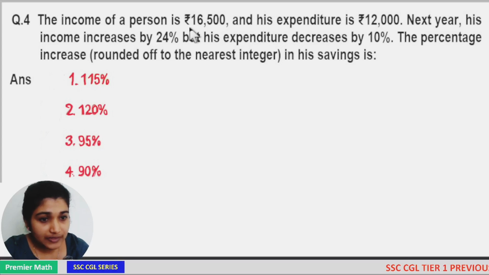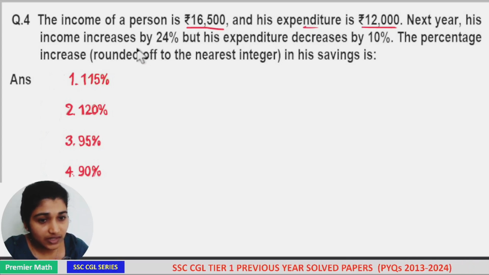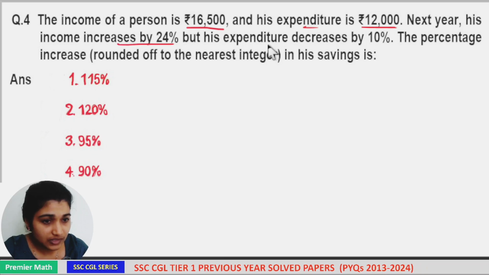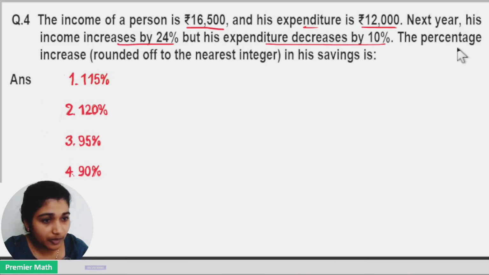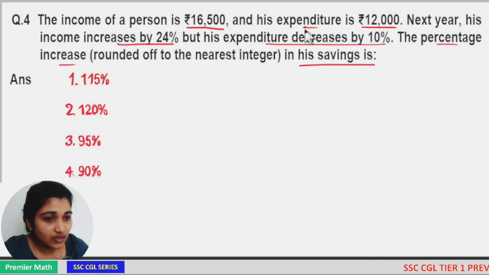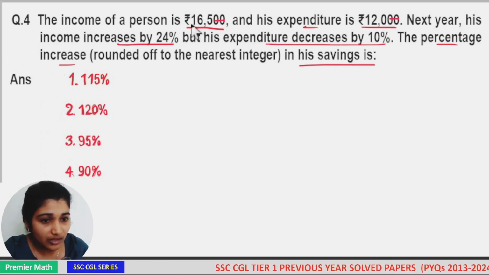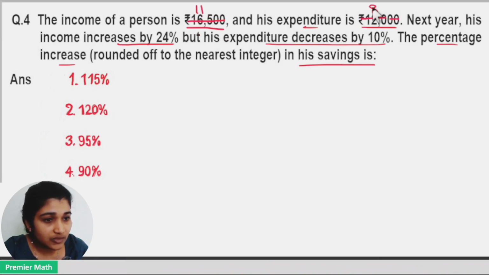The income of a person is 16,500 and his expenditure is 12,000. Next year his income increases by 24% but his expenditure decreases by 10%. The percentage increase in his savings is? Here instead of the original values I will take the ratio of income and expenditure for better calculation. 15 goes 11 times in 165 and 8 times in 120.